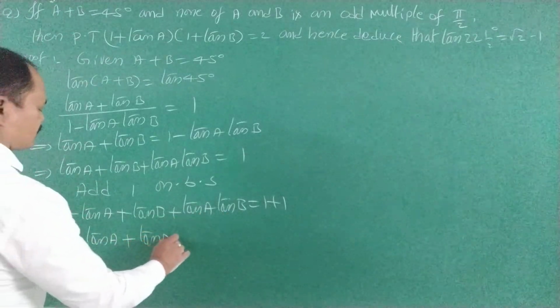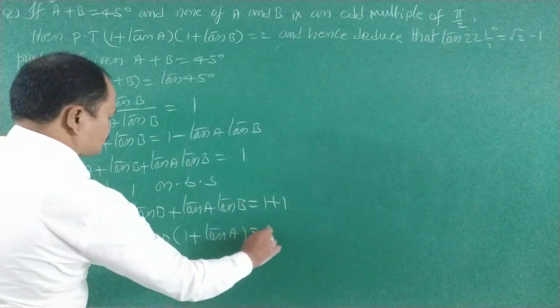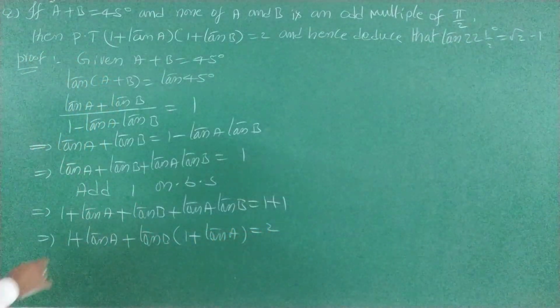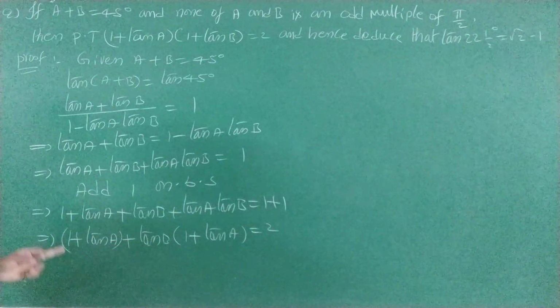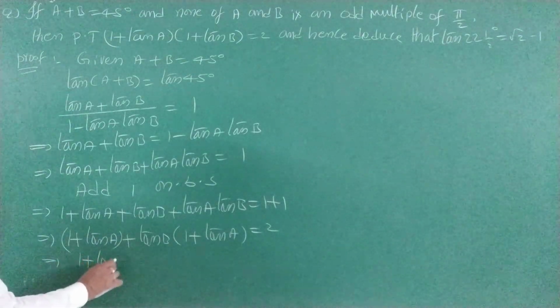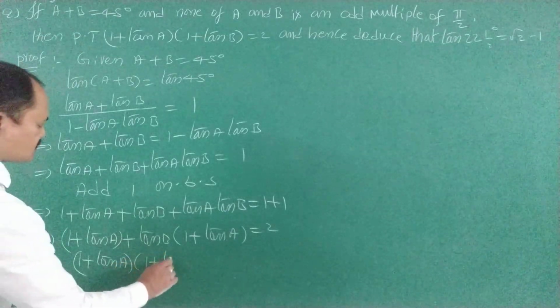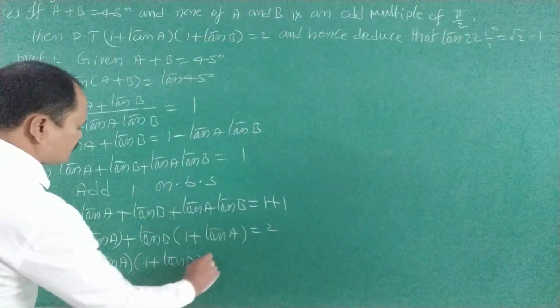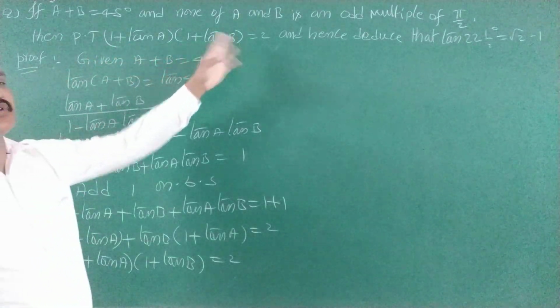So tan b into 1 plus tan a is equal to 1 plus 1. Observe. From this we have to take 1 plus tan a is common. So 1 plus tan a into remaining 1 plus tan b is equal to 2. That's it. 1 plus tan a into 1 plus tan b is equal to 2.